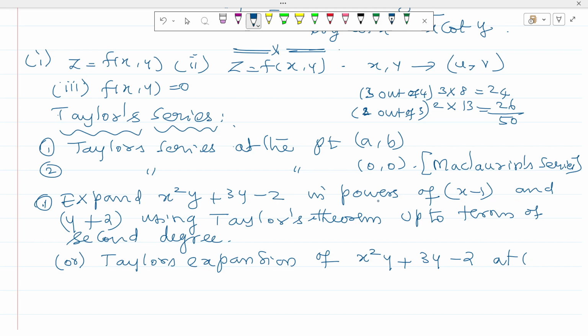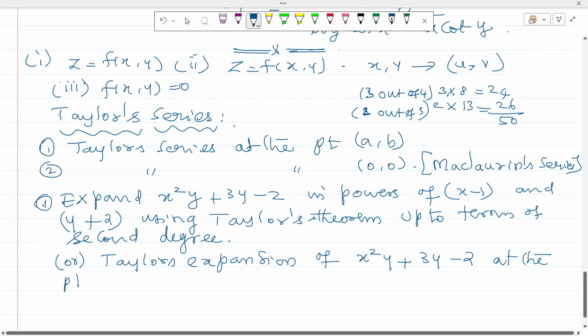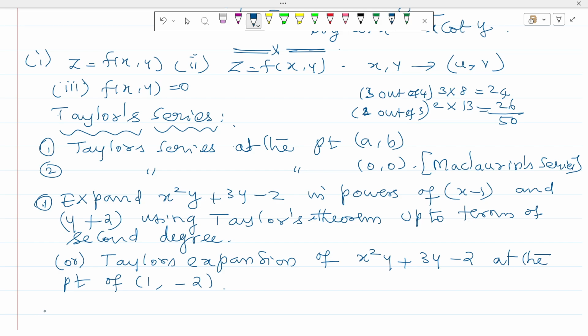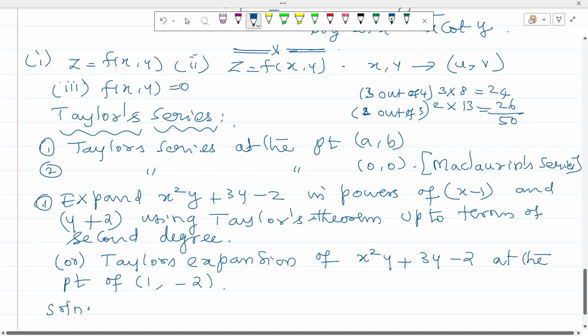In powers of x minus 1 and y plus 2 means at the point of what? 1 comma minus 2. At the point of 1 comma minus 2. Yes.